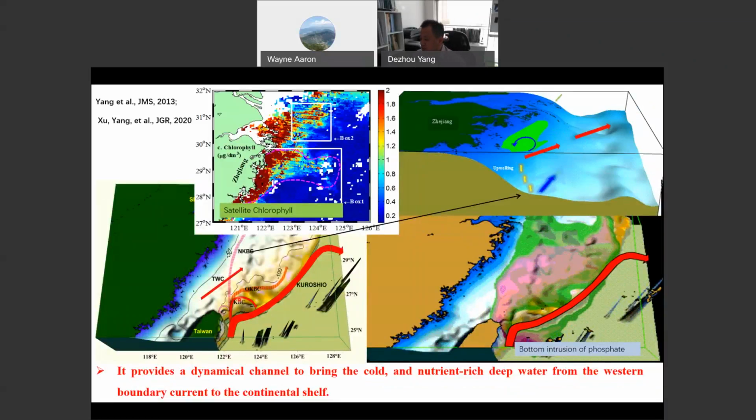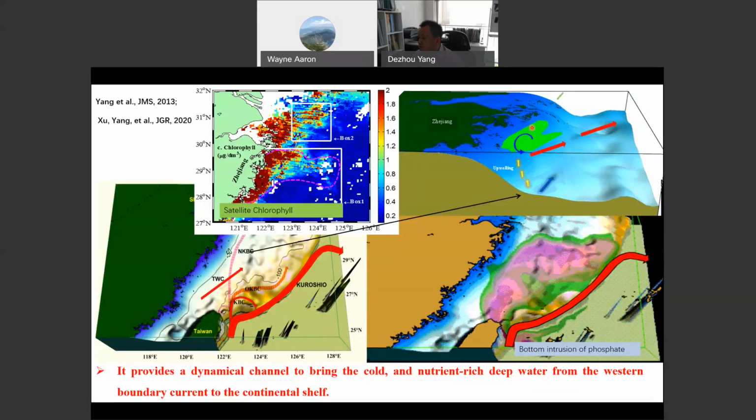The nearshore Kuroshio branch current will transport deep water. It means high phosphate to the coastal area. In the coastal area, the transported phosphate will be upwelled to the surface because there is very strong upwelling.